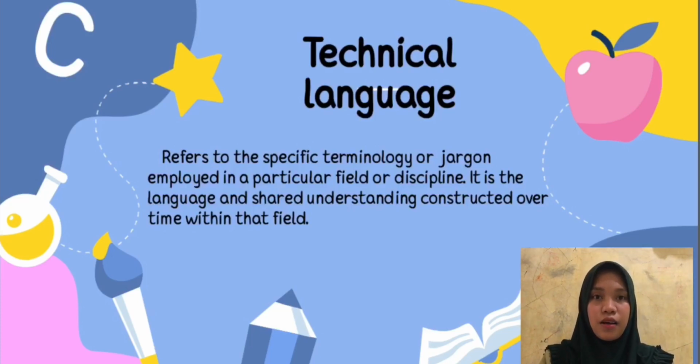What is technical language? It refers to the specific terminology or jargon employed in a particular field or discipline, and it is also the language and shared understanding constructed over time within that field. It is how a certain word is used in a particular place or an idea that makes it new for others to understand the meaning or the use of that word.